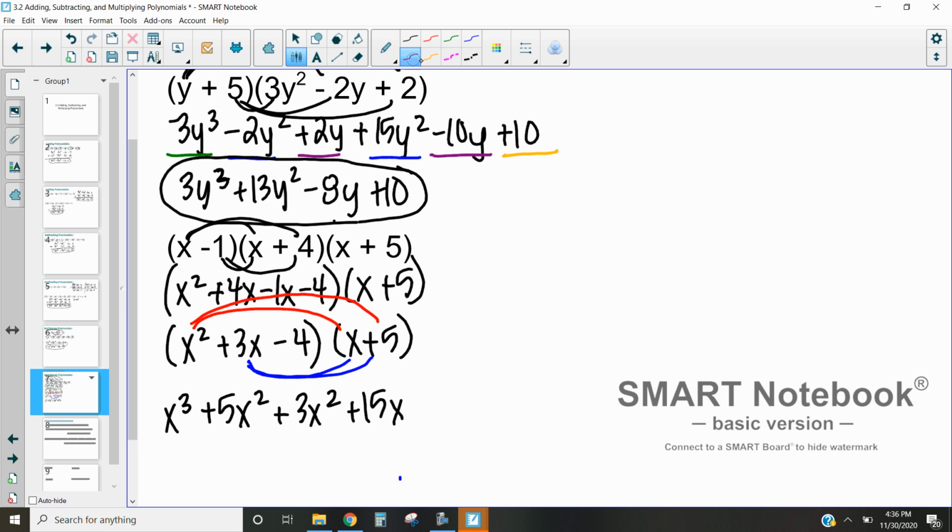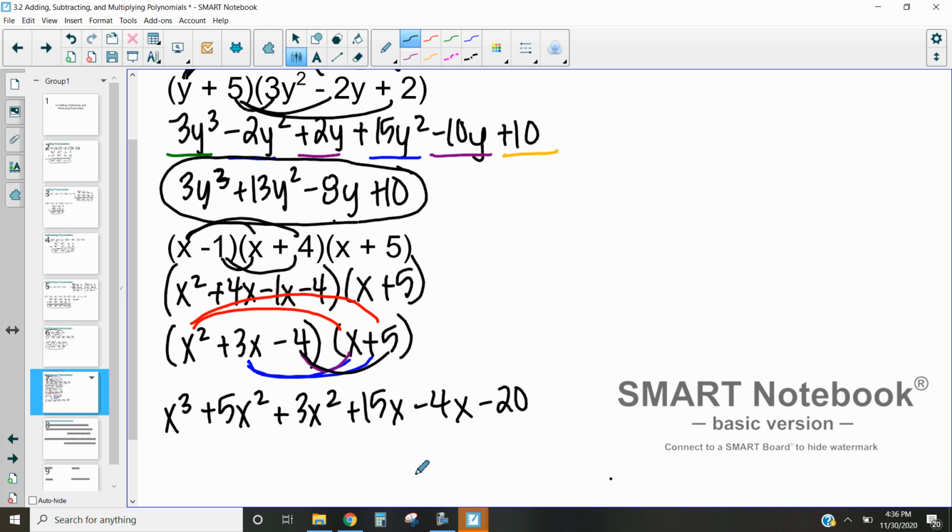And then last but certainly not least, negative 4 times x gives us a negative 4x, and negative 4 times a positive 5 gives us a negative 20.